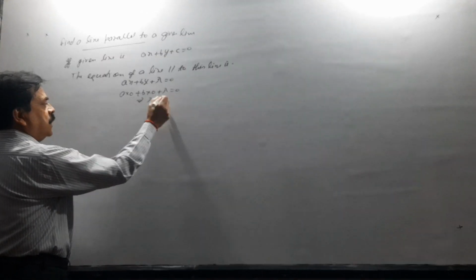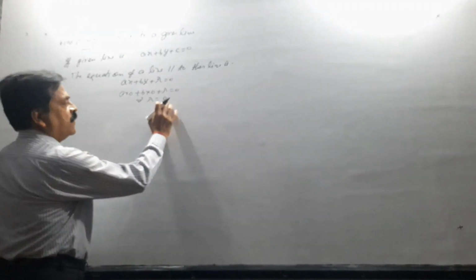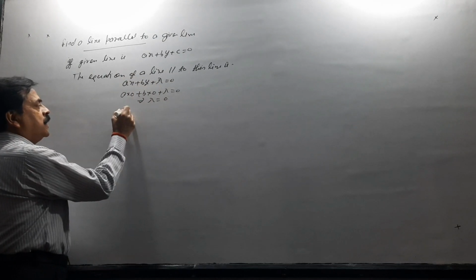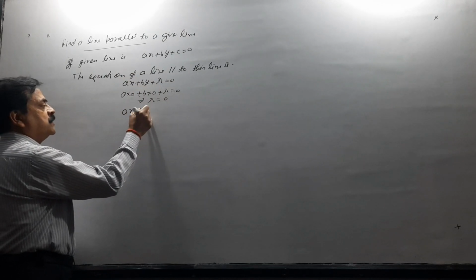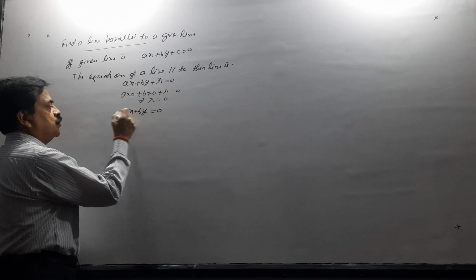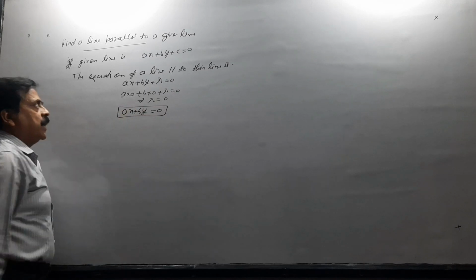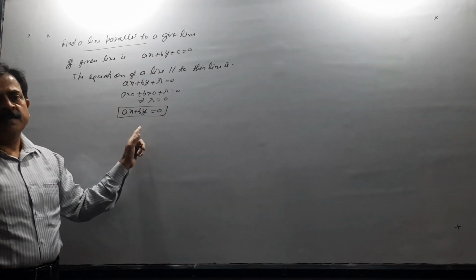This provides lambda is equal to 0. Putting this value of lambda in this equation, we get ax plus by is equal to 0. This is a line parallel to the given line.